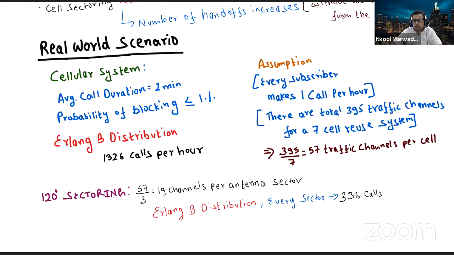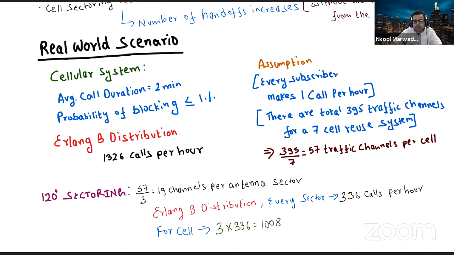So in total, for a sectored cell, it will be 3 into 336, which is equal to 1008 calls per hour.